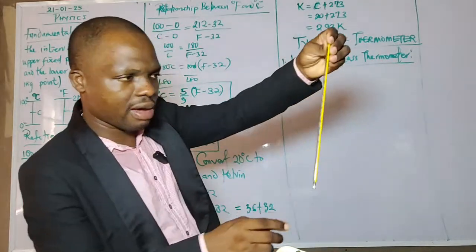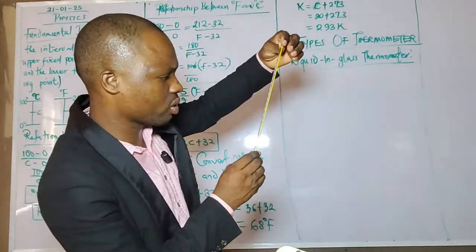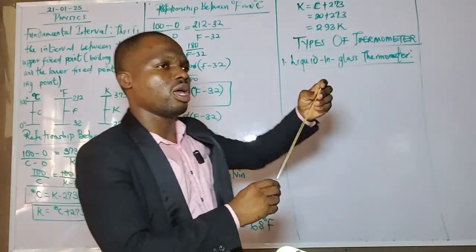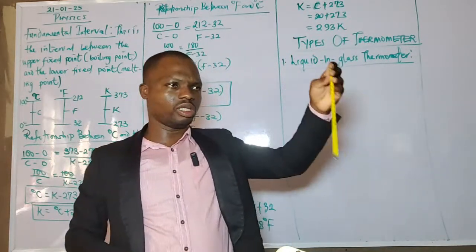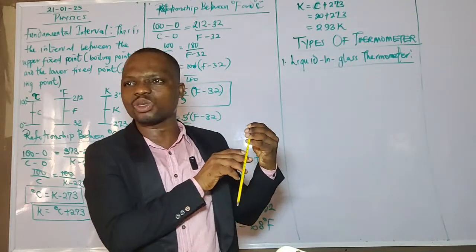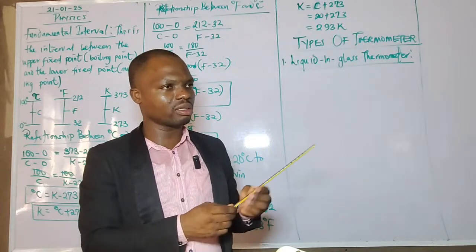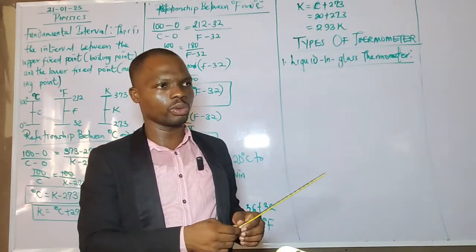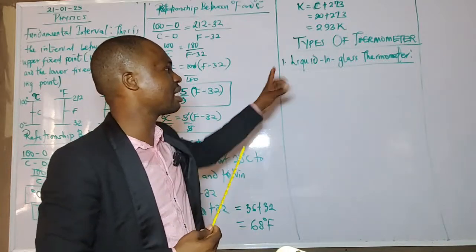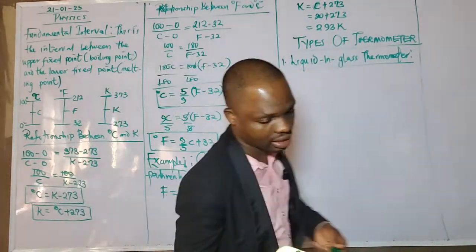Currently now we have the temperature to be around 30 something degrees because of the heat. So if we apply it to this, the temperature will rise, the liquid in this glass will rise because of the change in what? In temperature. So the volume rises. So that's one of the physical properties of this liquid in glass thermometer.